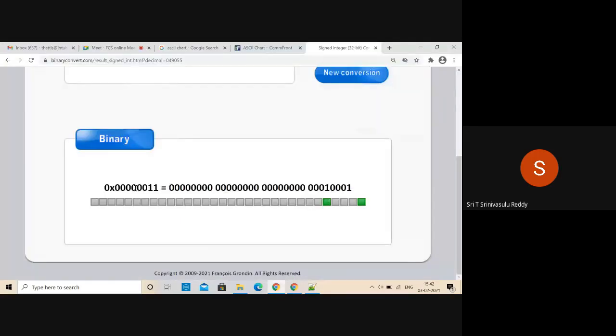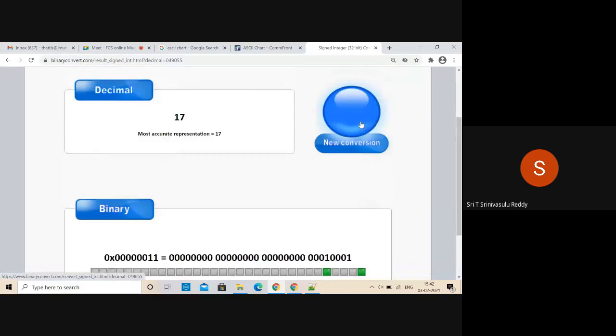The same thing you can represent in hexadecimal. Whenever you put 0x, that means it is in hexadecimal. Each character here represents 4 bits.